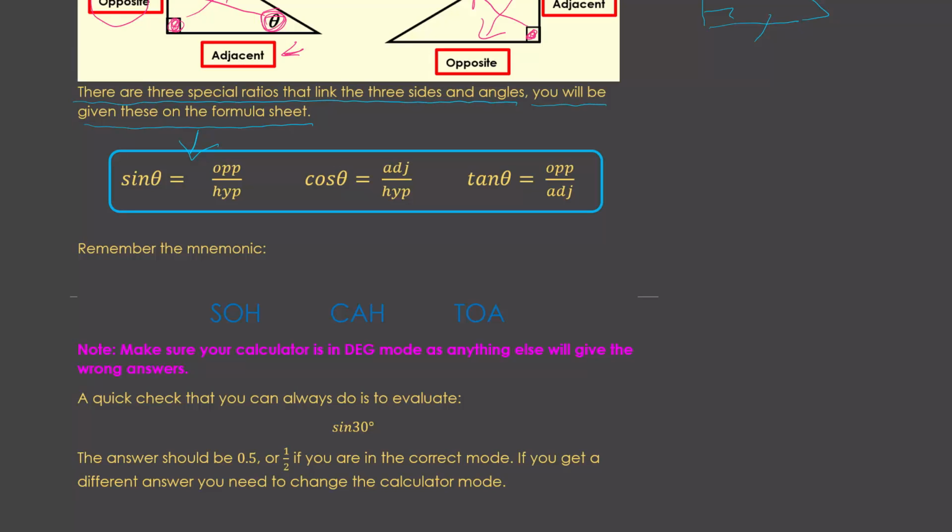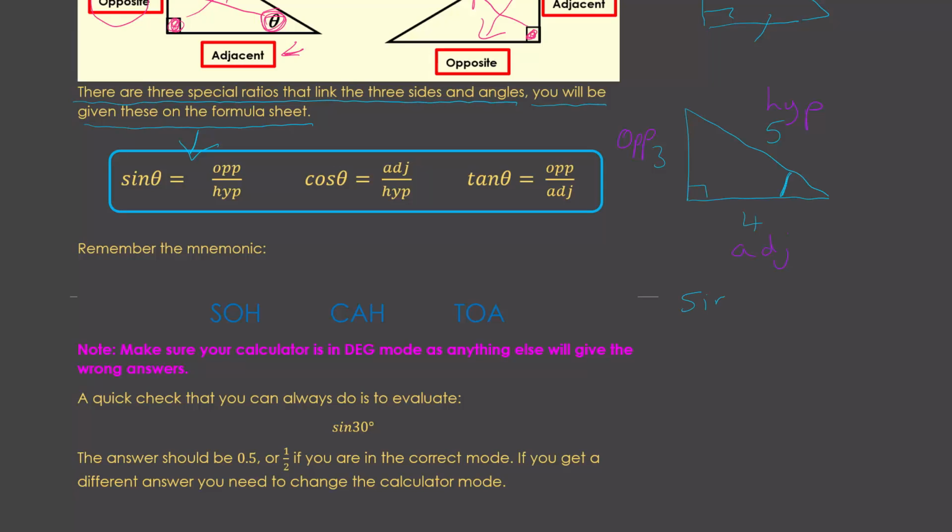What we mean by that is, let's say we have a triangle that we know is right-angled, such as the 3, 4, 5. If we're looking at this angle, then we know that this side is the opposite, this side is the adjacent, and of course we know the longest side opposite the right angle is the hypotenuse.